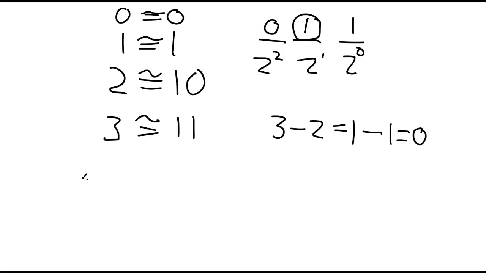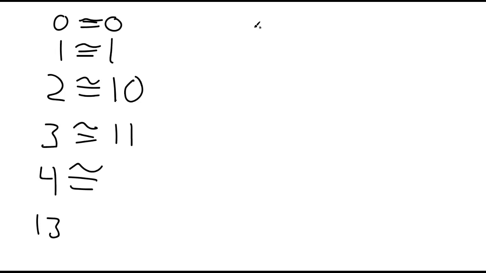Alright, so 4, we'll do 4, and then we'll jump up to, let's say 13, just for fun. So let's find 4 quickly. Okay, so 4 is a pretty easy one, because 4 right off the bat we know is a multiple of 2. Because we know that it's 2 to the power of 2.